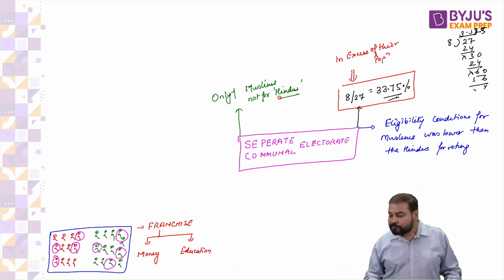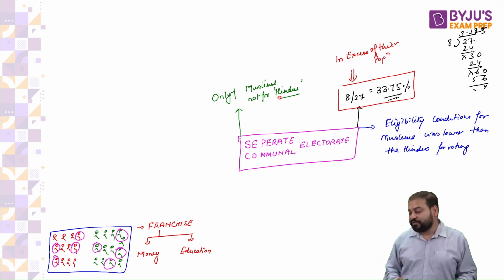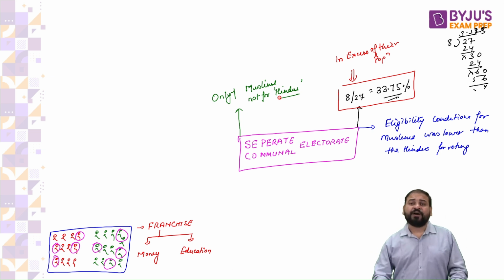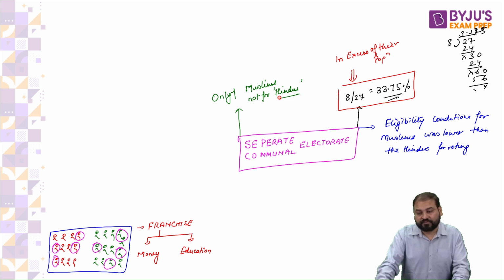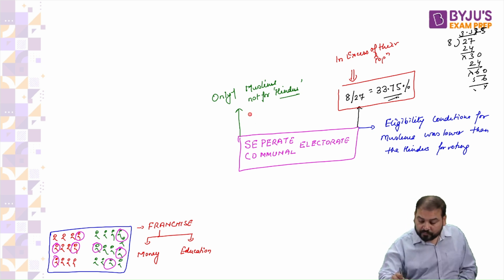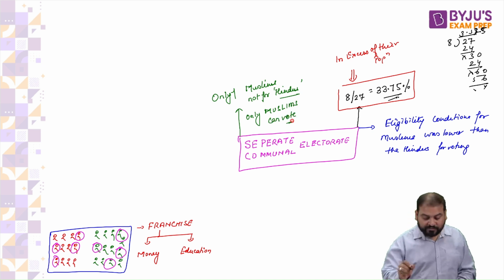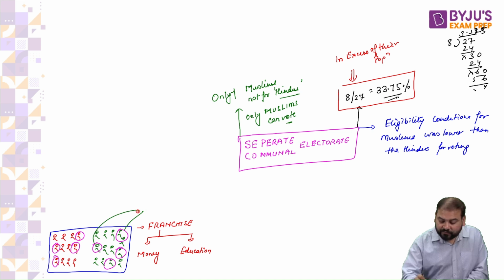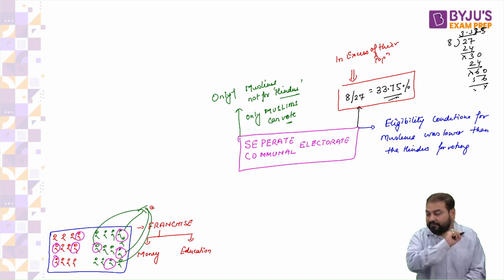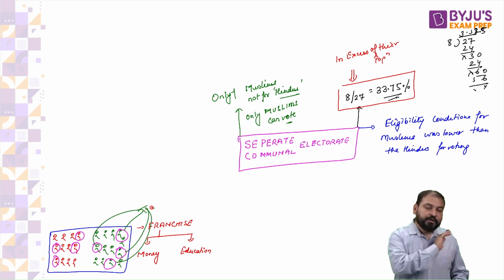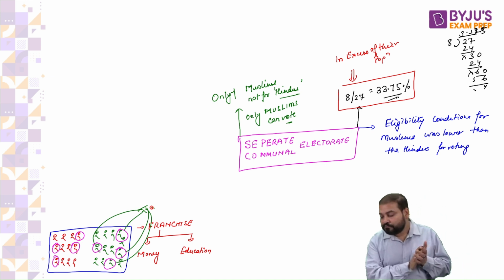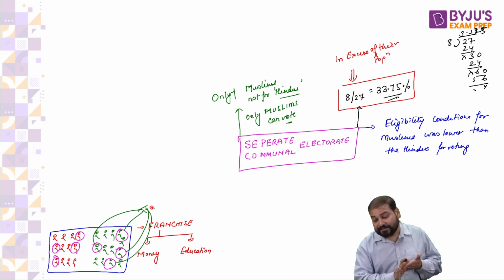Everybody can vote. But in communal electorate, if a seat is reserved for Muslims, only Muslims can vote. That means only these 4 people will vote here. Am I clear? It is not exactly reservation.